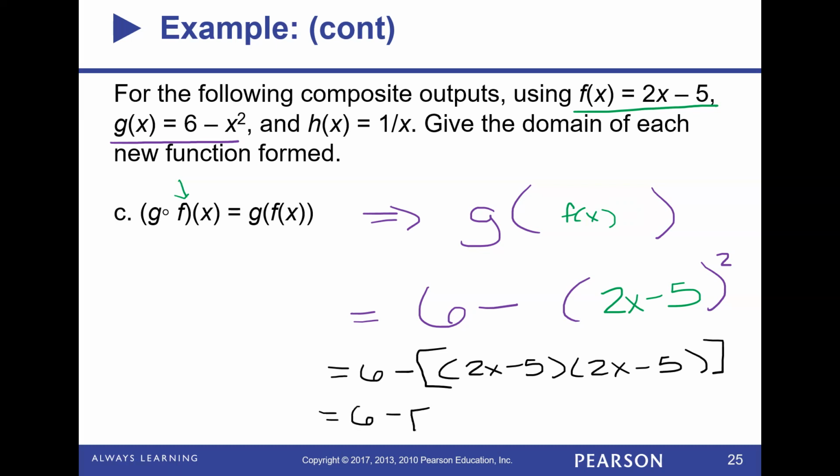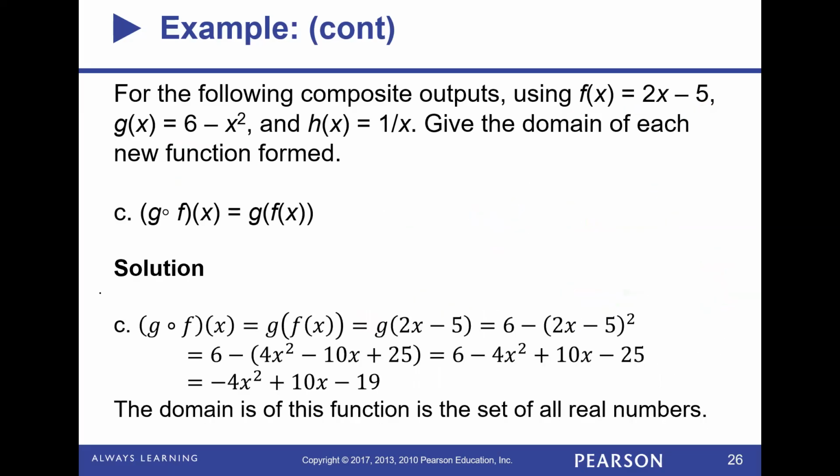So as I multiply that out, everybody should have gotten 4x squared minus 10x plus 25. And then I'm going to go ahead and distribute the minus sign on through. Okay, so now that we've got that simplified all the way out, I ended up with negative 4x squared plus 10x minus 19, which is really nice.